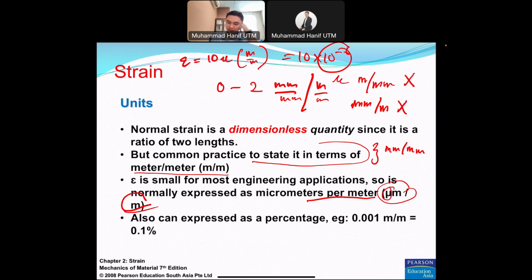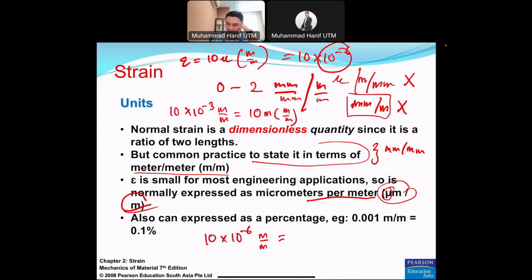You can combine it like this if you have the value of 10 times 10 to the power of -3, so you can write 10 milli per millimeter. Or if the value is 10 times 10 to the power of -6, you can write 10 micro meter per meter like that.